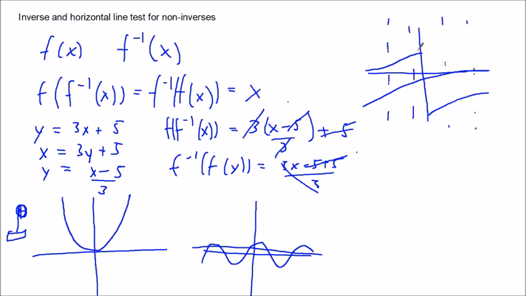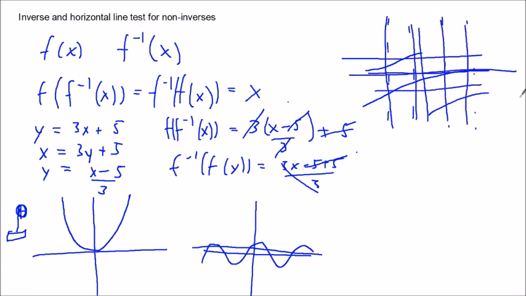They're not a function when you put a straight line through it, but when you put a horizontal line through it, it is a function. This is a function when it's an inverse, but it's not a function when it's not an inverse.